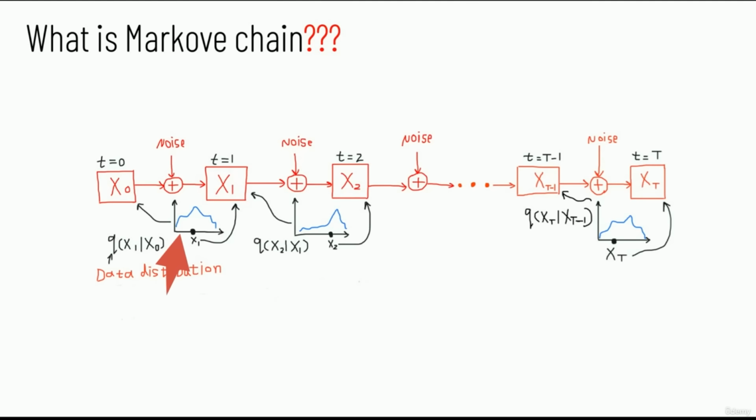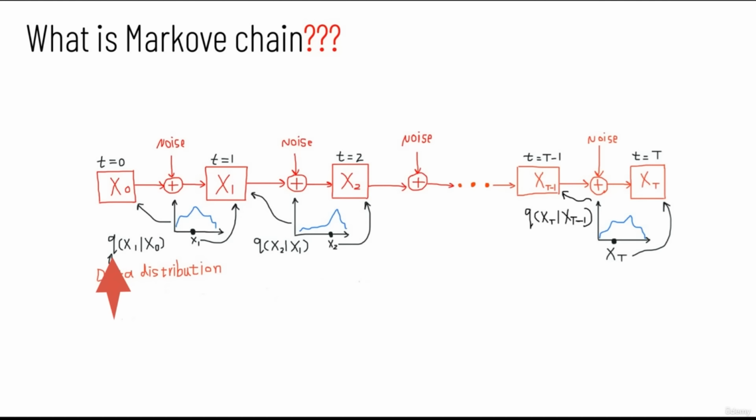And this probability distribution will just depend on x0. So when we change the value of x0, this distribution will change also. Or in other words, this distribution will depend on the previous time step only. And that is the idea behind Markov chain. The next step will just depend on the previous step.